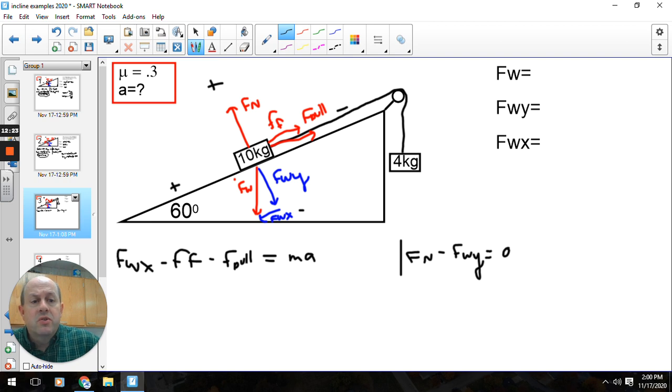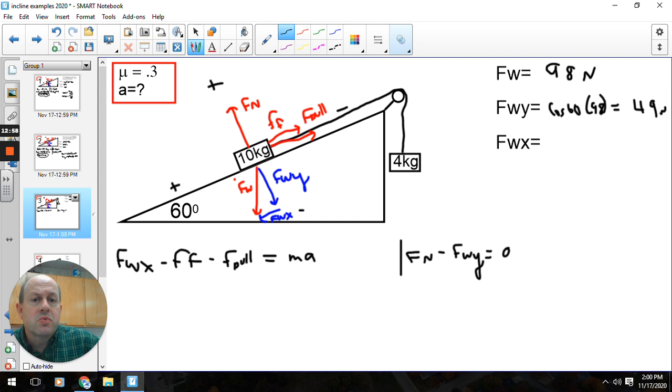Let's do our triangle work. Force weight would be mass times gravity. Well, we know 10 kilograms times 9.8 gives us 98 newtons. Force weight y is going to be equal to cosine 60 times 98, so that ends up being 49 newtons.